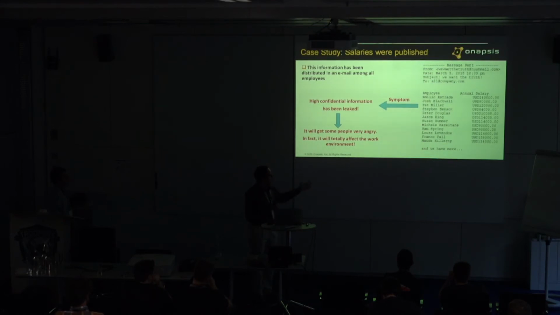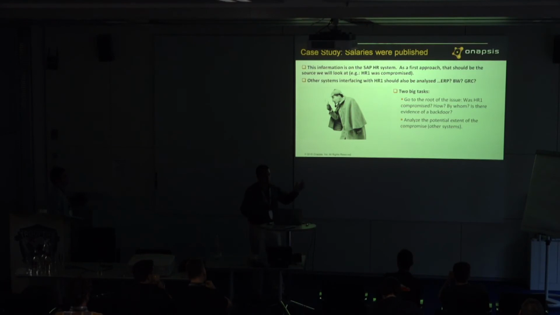Then we try to analyze what happened, supposing that it came from an HR SAP system. So let's suppose that this information was extracted from an SAP system, and let's suppose this system is HR1.